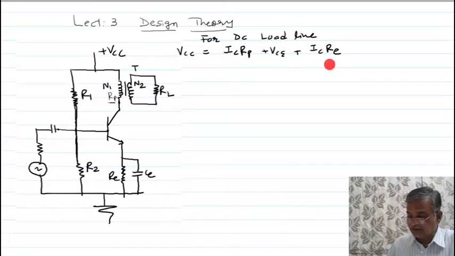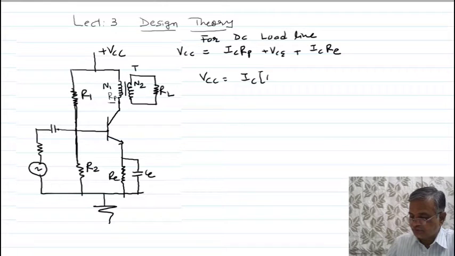From this equation, I'll take two points on the output characteristics. Look here: VCC is equal to IC into (Rp plus RE) plus VCE.